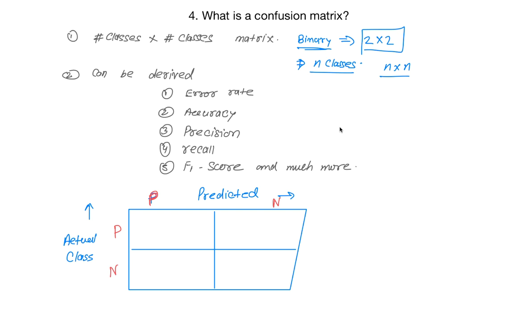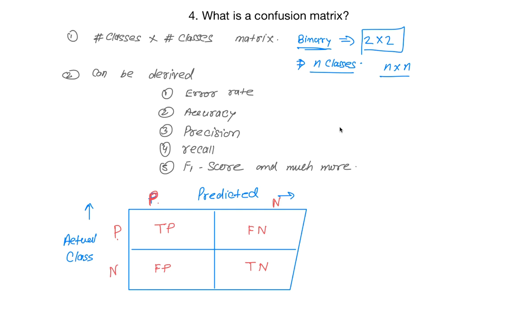If it matches positive to positive, we say it is a true positive. But if the actual positive class is classified as negative, then we say this is a false negative. If an actual negative class is classified as a positive class, then we say it is a false positive. And if an actual negative class is classified as negative, then we say it is a true negative.